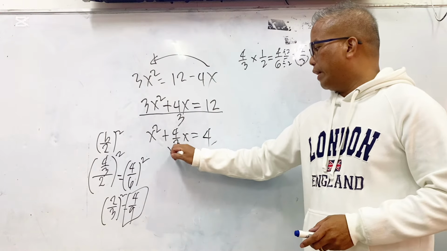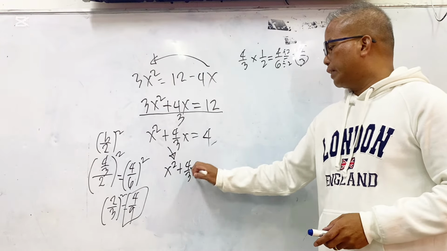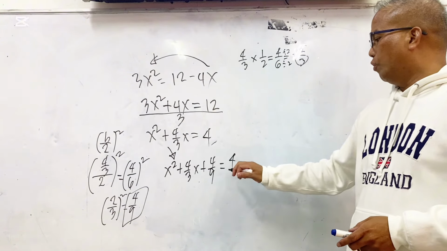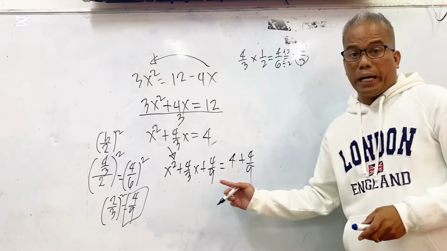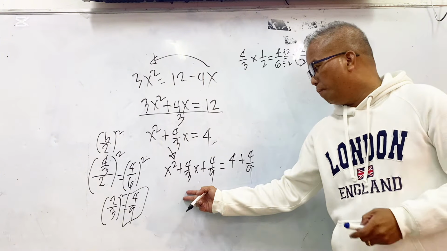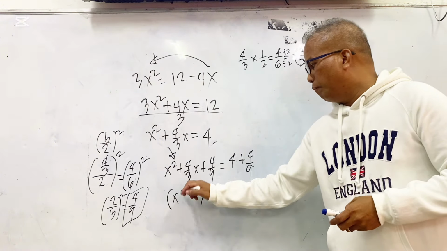So we have now, from here, x squared plus 4 over 3x plus 4 over 9 is equal to 4 plus 4 over 9. So we added both sides by 4 over 9. Then this is already a PST, perfect square trinomial. So to factor this, we have x plus, so we have plus here.